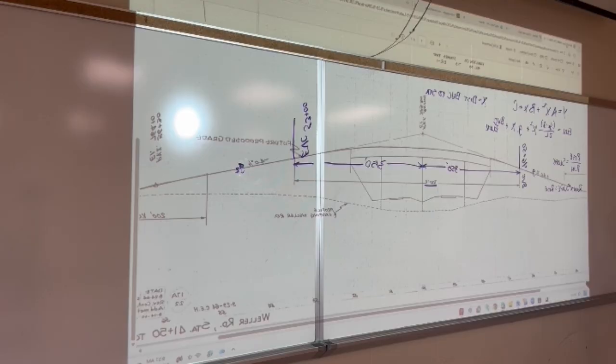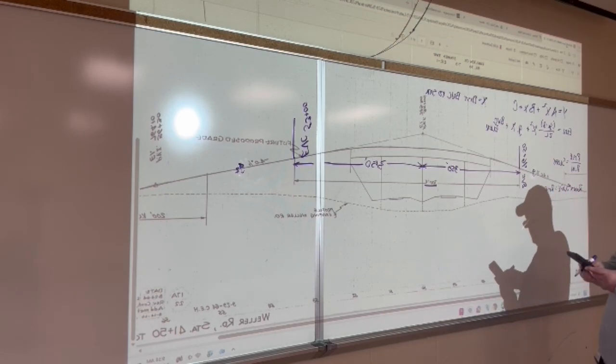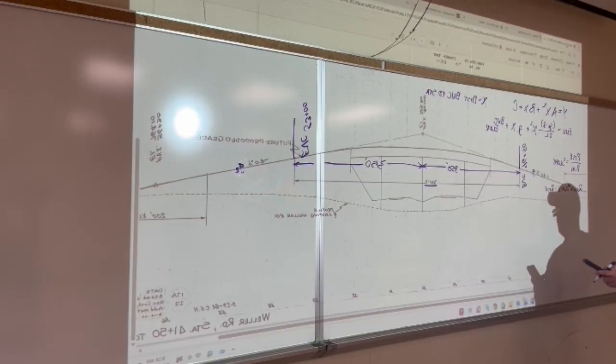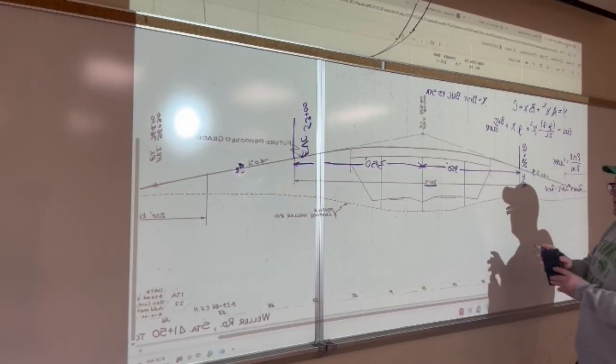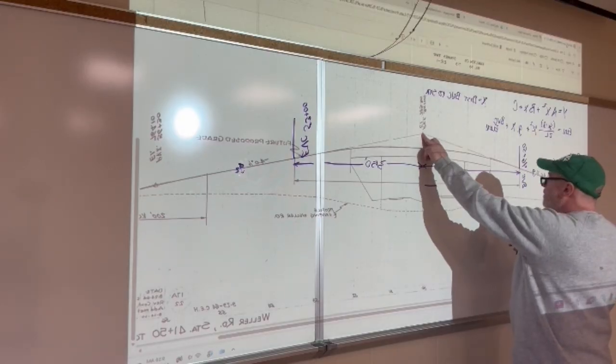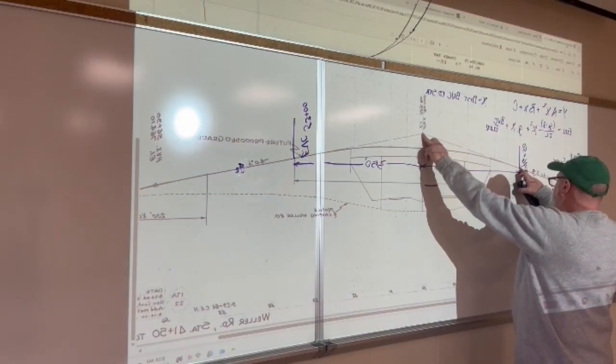This is 4%, so we want to divide that by 100 to get an actual number to do this calculation with. 0.04 times 350, our slope times our run, gives us a rise of 14 feet. The rise is the difference in elevation from the PVI to the BVC.